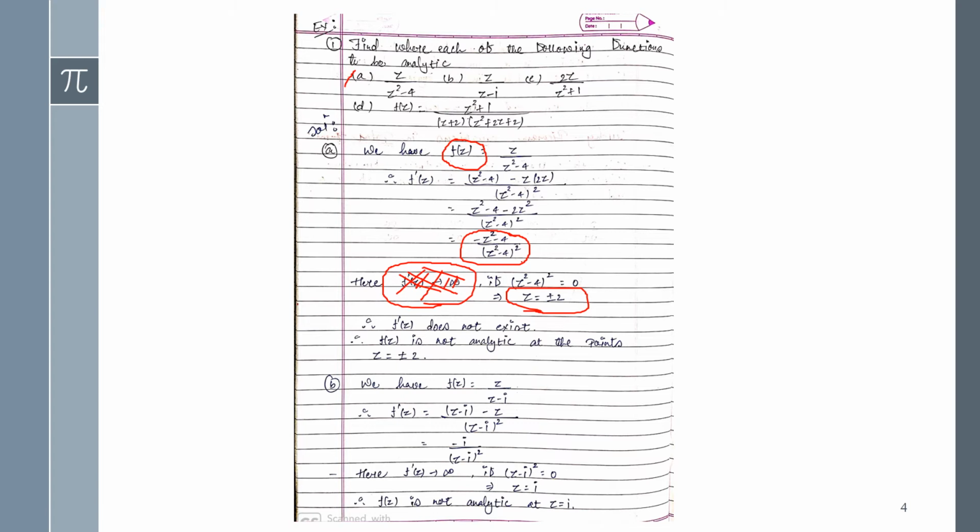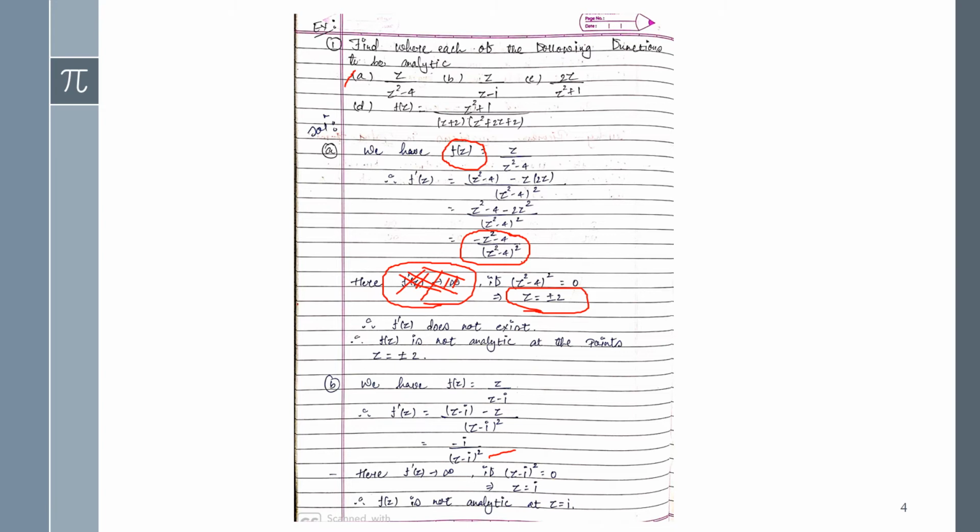Now moving forward to the second one, f of z equals z upon z minus i. Again with the same procedure, first of all find its first derivative, and then put the denominator equal to 0. As you are getting here z minus i whole square equals 0, z will be i.